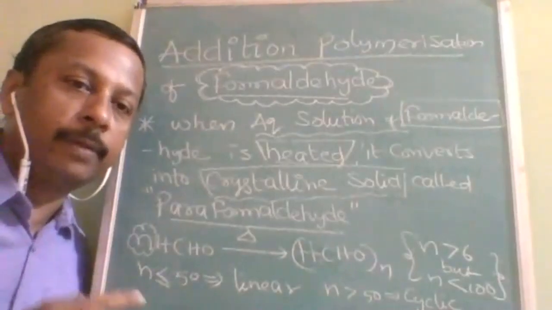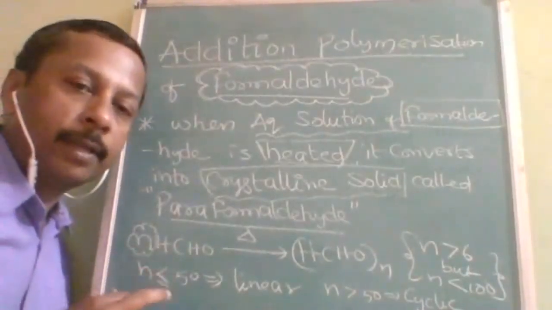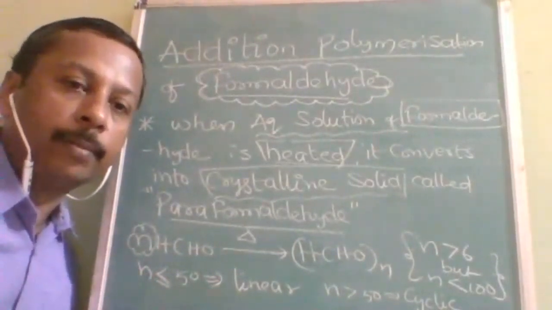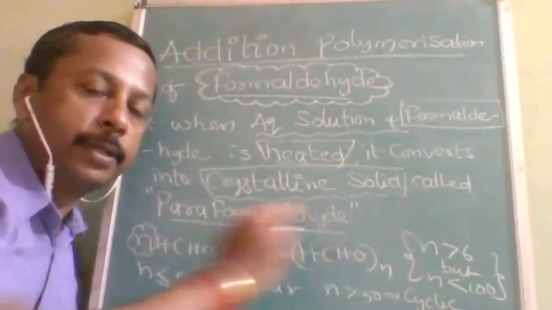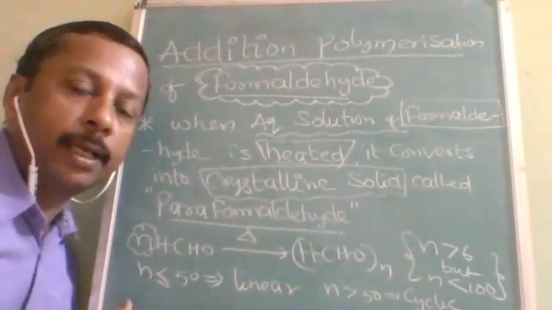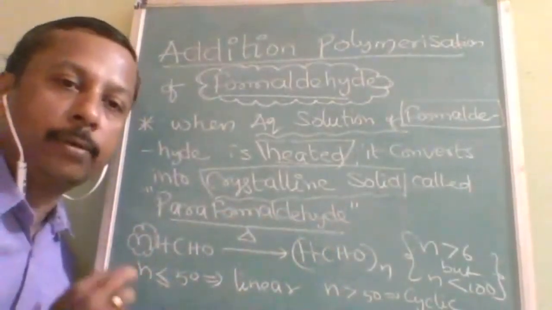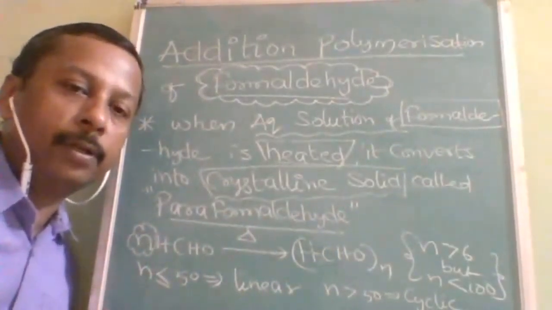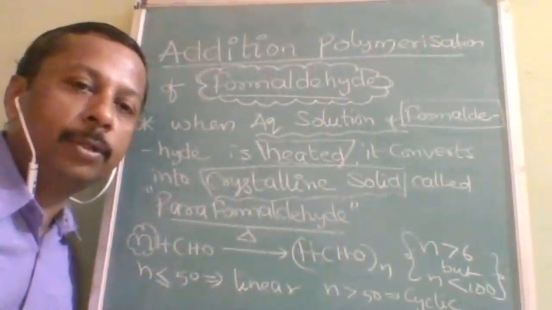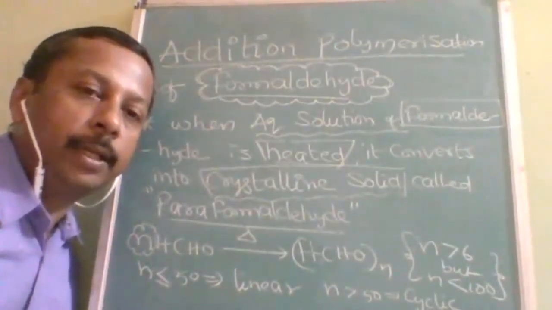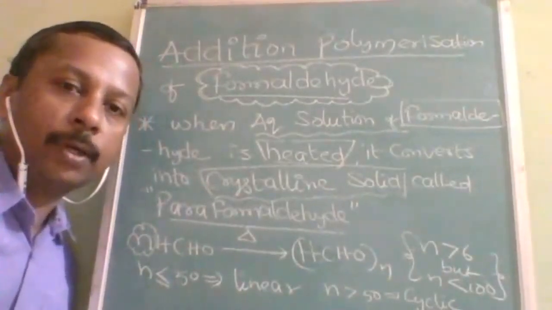If it lies between 7 to 50, it is going to be a linear polymer. It is going to form a straight chain polymer. If it is above 50, like 51 to 99 or 100, then it is going to be a cyclic polymer.